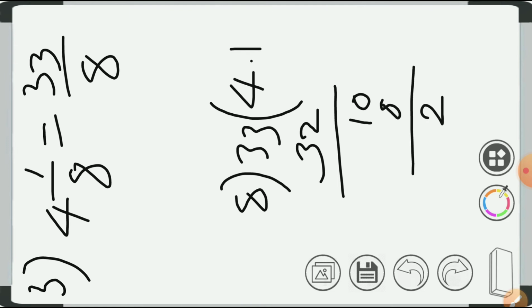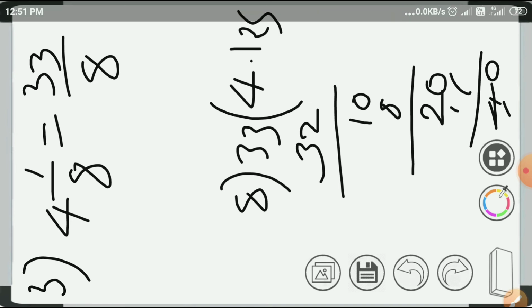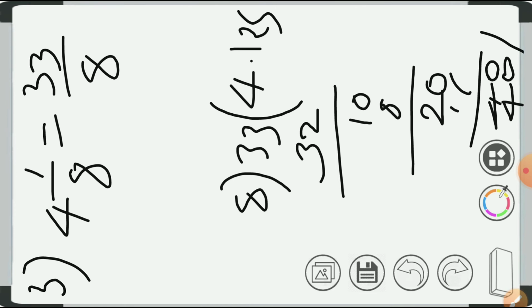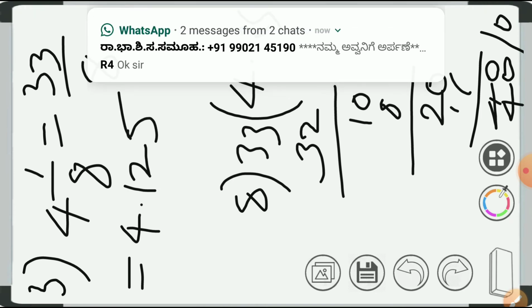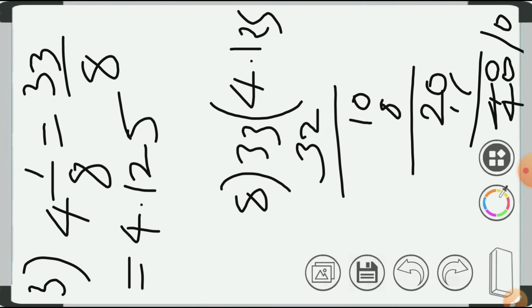Now 2 remaining. 0 from ourselves. 8 2s are 16. 4 remaining. 0 from ourselves. 8 5s are 40. Here your remainder is 0. If your remainder is 0, what do you say? Is it terminating or non-terminating? It is terminating.